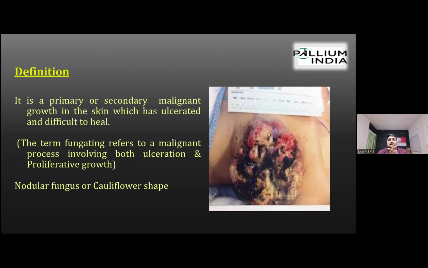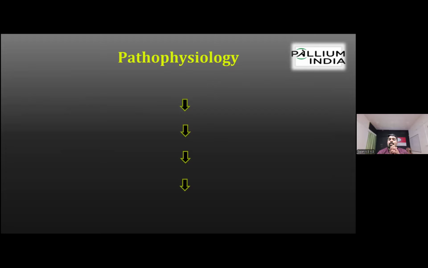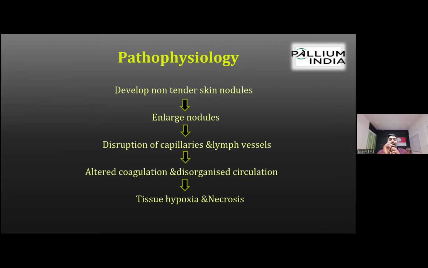So the definition: it's a primary or secondary malignant growth or nodular growth happening on the skin, which gradually ulcerates and is difficult to heal. The pathophysiology is the development of a small nodule on the skin or tissue. Then gradually the nodule becomes enlarged.